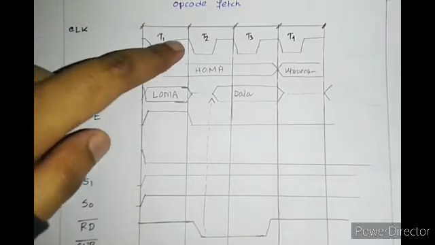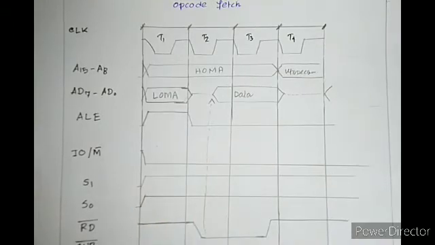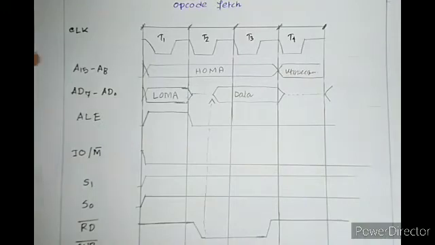So 50% up, 50% low. You don't have to be accurate in this, but try to draw it as specifically as you can, so that it shows 50% duty cycle. So this is your clock pulses.